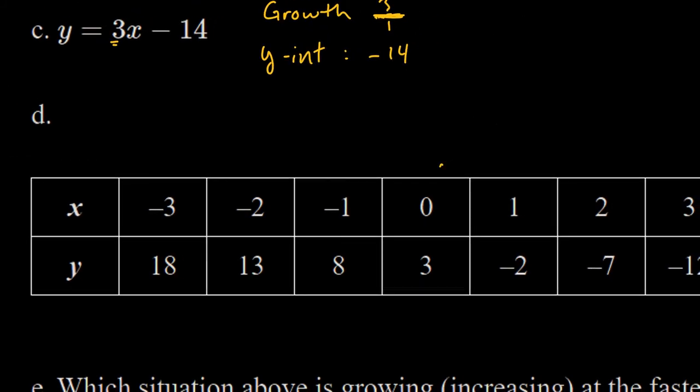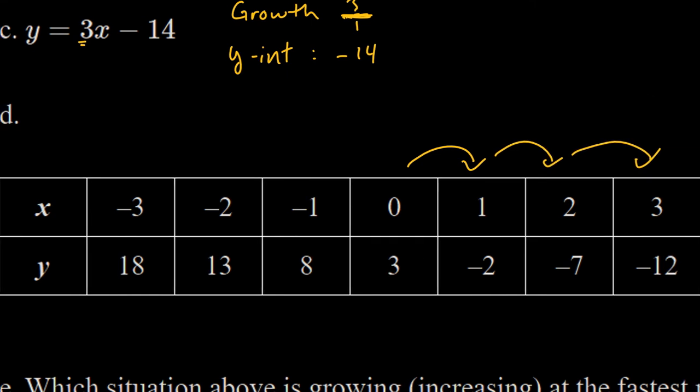Let's see, X is increasing by 1, X went up by 1, X went up by 1. So it's pretty safe for me to look at these. If I go from here to here, negative 2 minus 3, negative 2 minus 3 is negative 5. So it looks like this went down by 5. Negative 2 minus 5 is negative 7, correct.